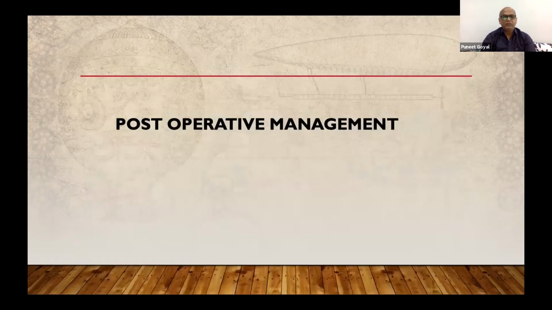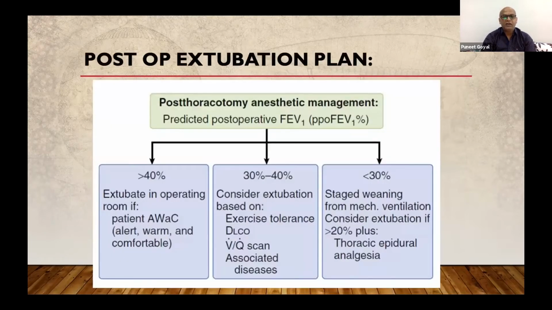Then a few words about the postoperative management. I already described this slide: the predicted postoperative FEV1 is the major predictor for the outcome of the patient. If it is more than 40%, the patients are going to have a good outcome, and if it is less than 30%, they will have a poor outcome.